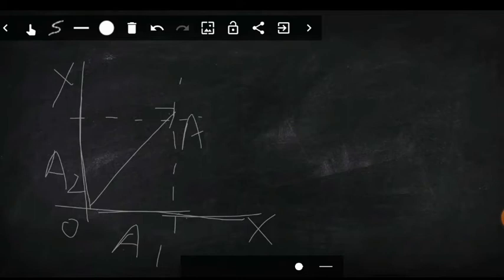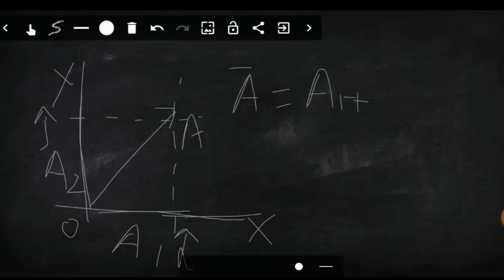So according to this, it is directing along the x axis, so in order to represent that direction it can be expressed using the unit vector i, and here we can use the unit vector j cap. Okay, then according to this parallelogram law, this vector a can be expressed as a1 plus a2.